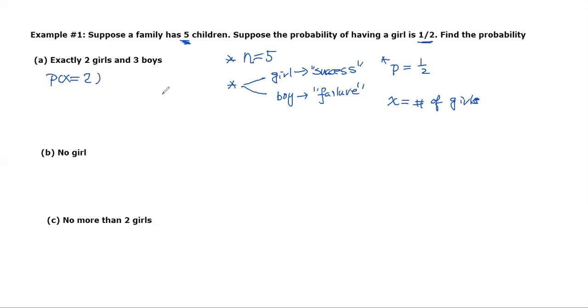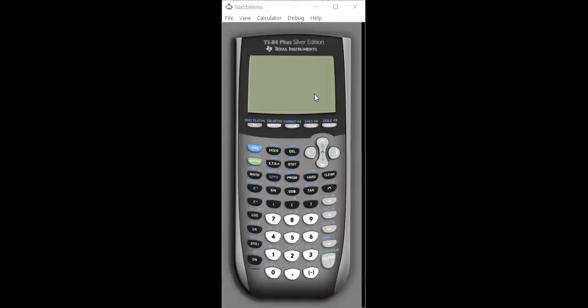So let's take a look at how I get this probability by using the TI-84. I'm going to switch to the TI-84 calculator, and you watch carefully which keys I hit. Let's clear this out.